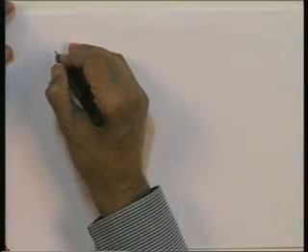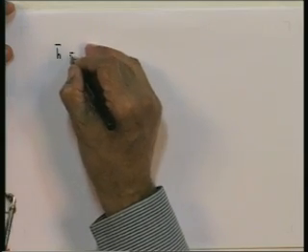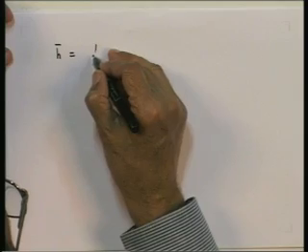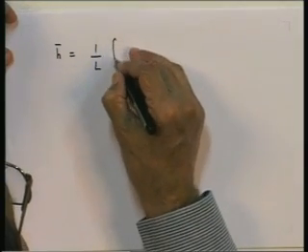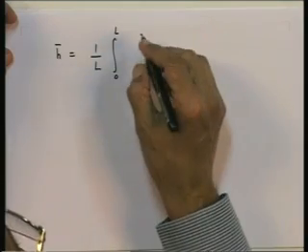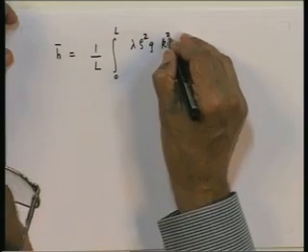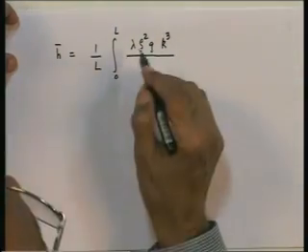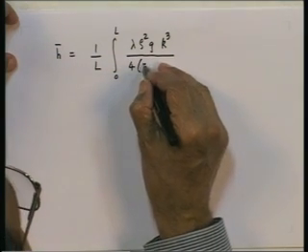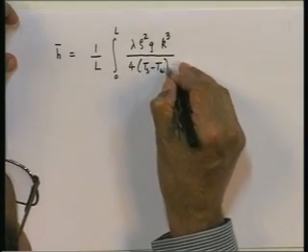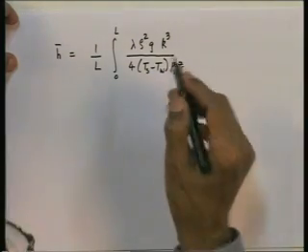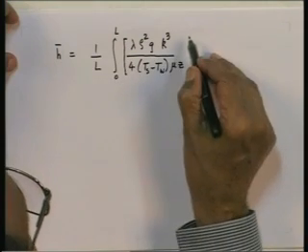For the average heat transfer coefficient, if I put in my expression for h, I will get h bar is equal to 1 upon L, the integral 0 to L, lambda rho squared g k cubed divided by 4 T s minus T w mu z, the whole thing to the power of 1 upon 4.